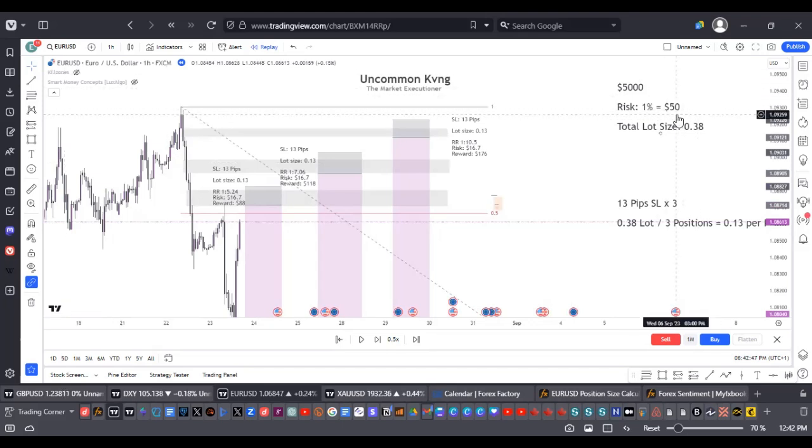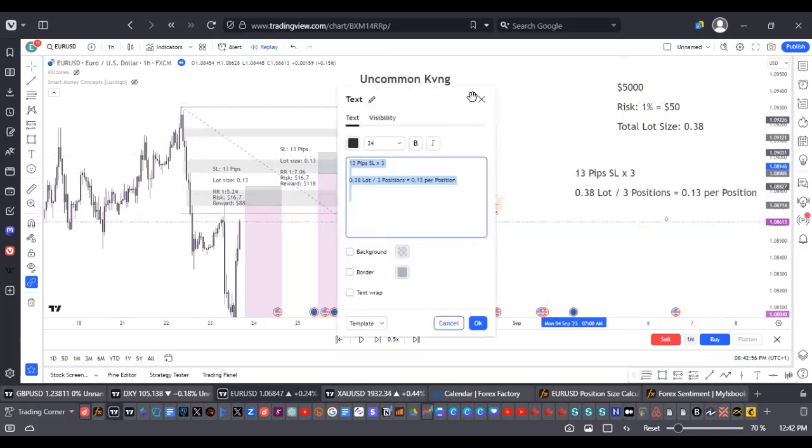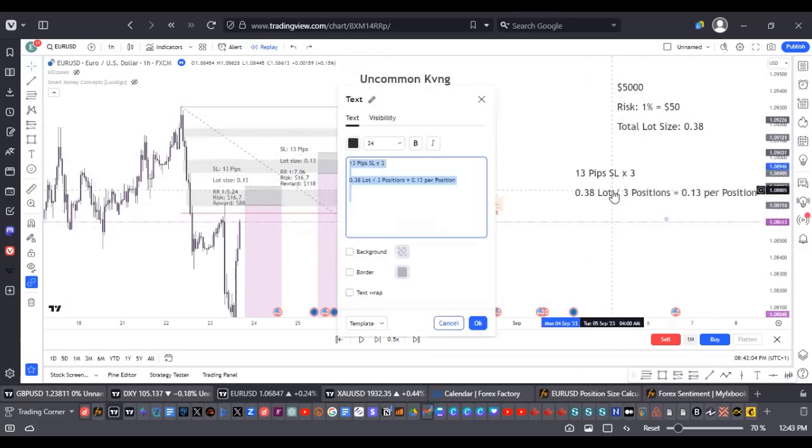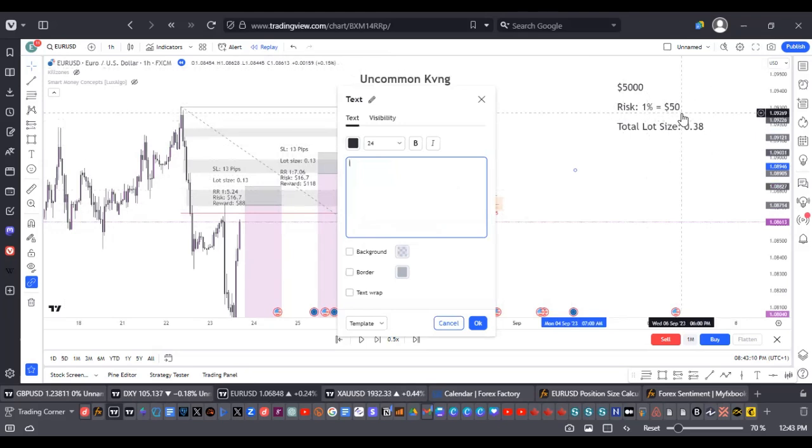Now, the first thing we're going to do is divide the risk by 3 positions. And of course, we know if we divide 50 by 3, it's going to give us approximately 16.6.